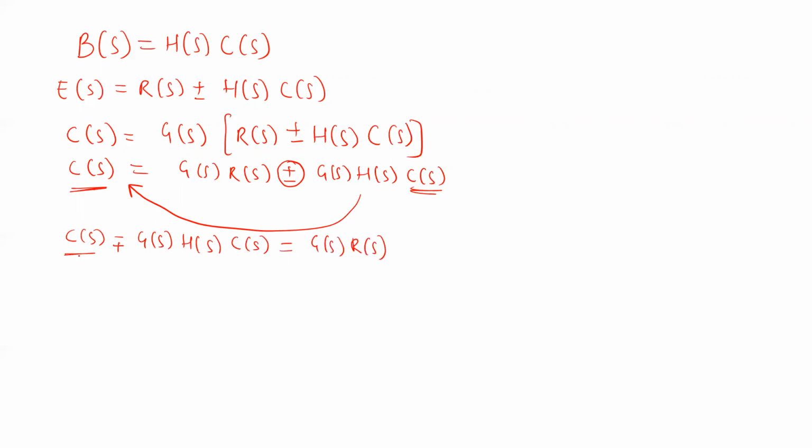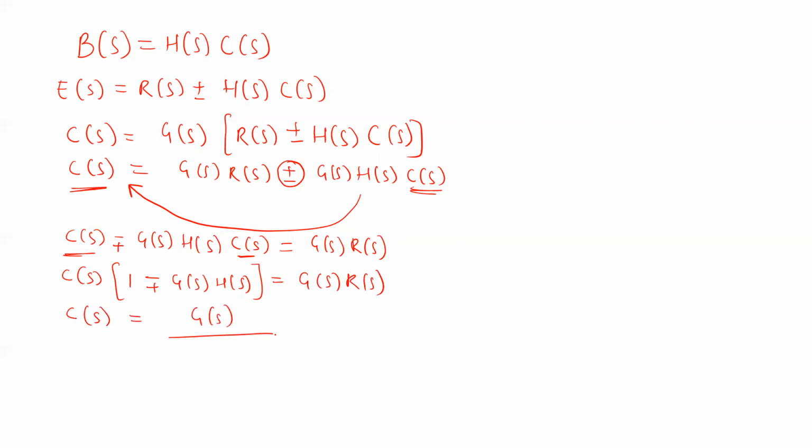You can take CS common, so it becomes 1 minus plus GS HS, and this is GS RS here. Now you can simplify this further, so it becomes GS divided by 1 minus plus GS HS into RS.